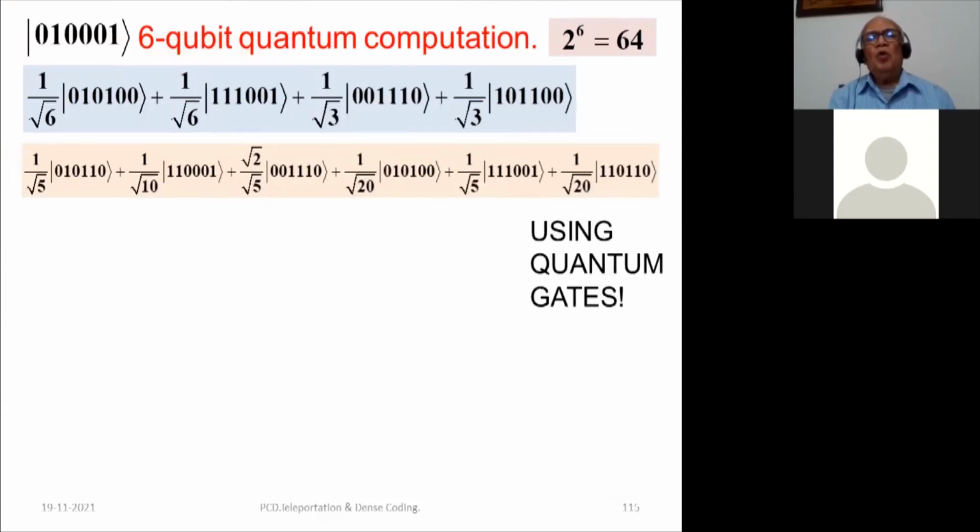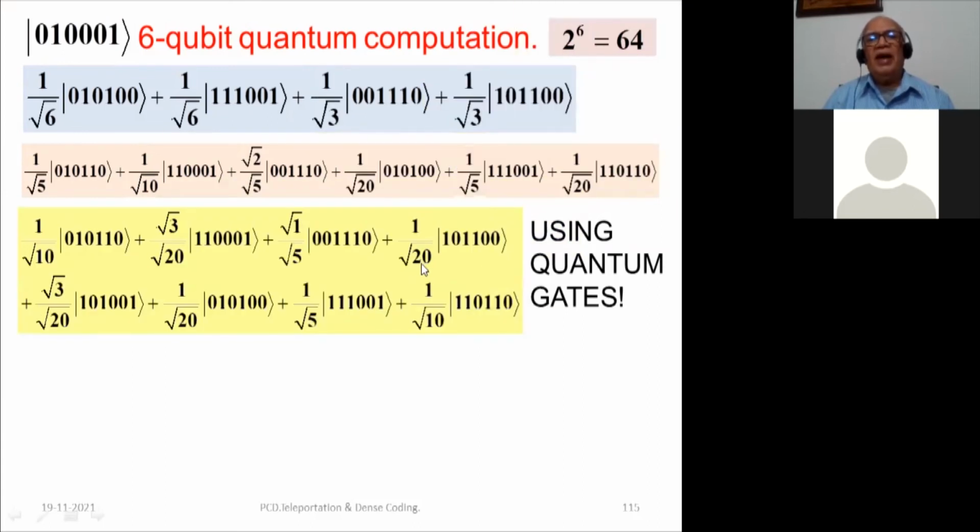And you can do this transformation from this combination of the 6-qubit system to this combination, which consists of these vectors, using quantum gates. And in one step, you can get this combination. In the second step, you get this. Of course, you have to use very smart quantum gates to be able to do that.